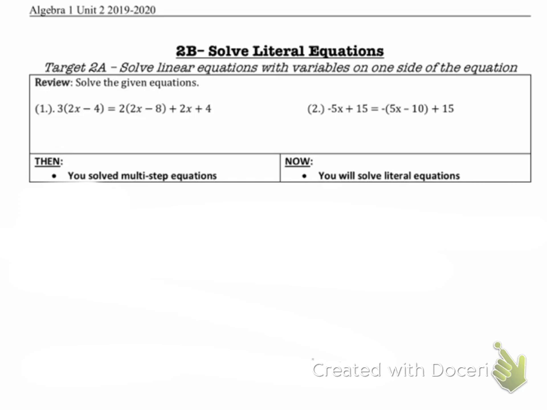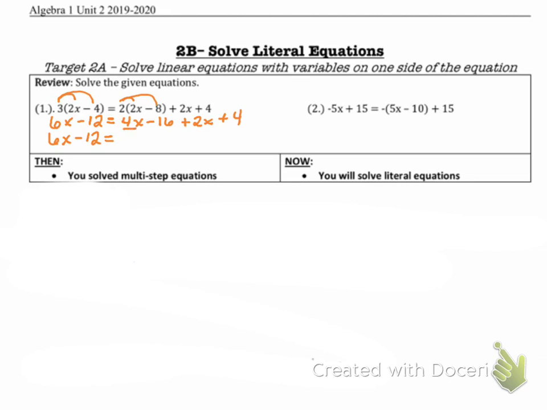In number one, I would start by distributing the 3. I get 6x minus 12 is equal to, then I'll distribute the 2, so 4x minus 16, and then we'll bring down the rest of the problem. I can't combine like terms on the left-hand side, so I'll just bring down the 6x minus 12.